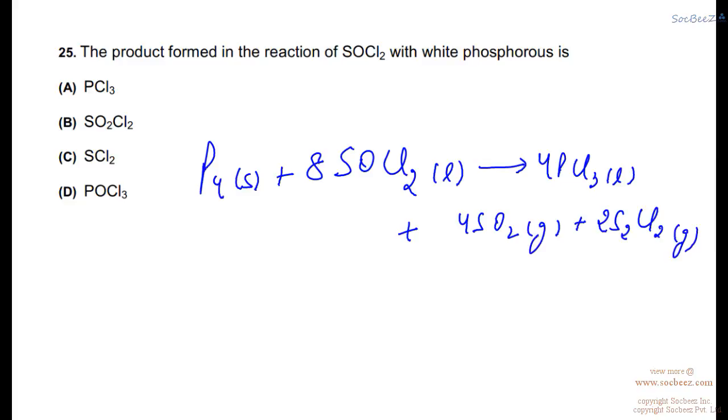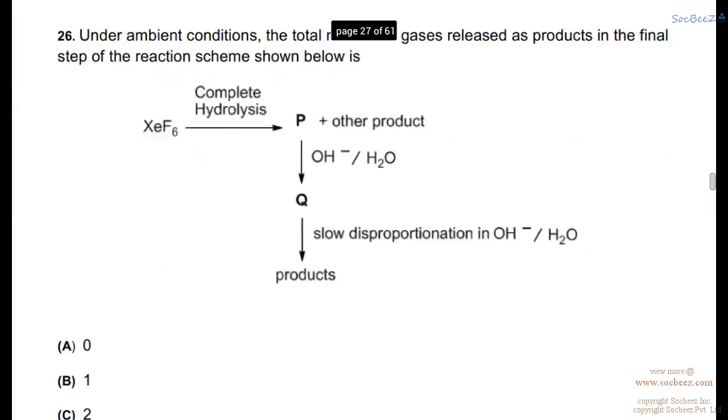Okay, so here the correct option, as is evident by the reaction, is option A, that is PCl3. Okay, so let's move on to the next question.